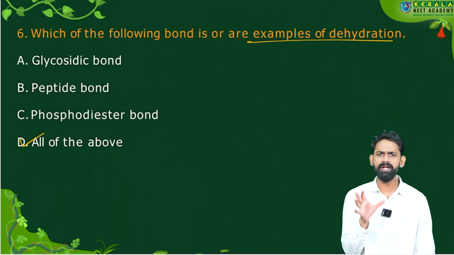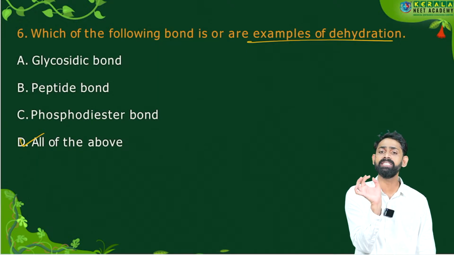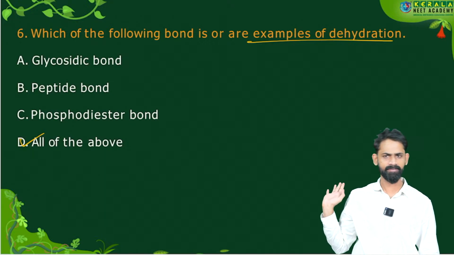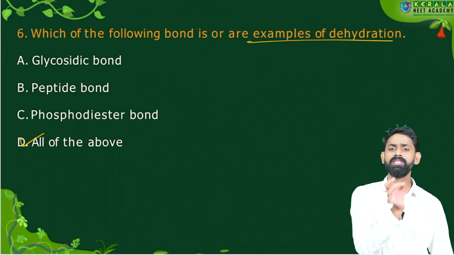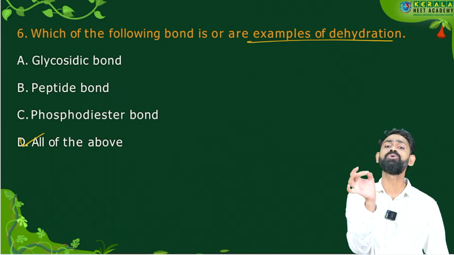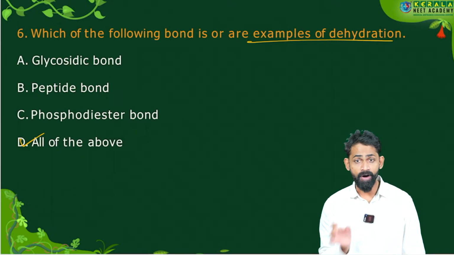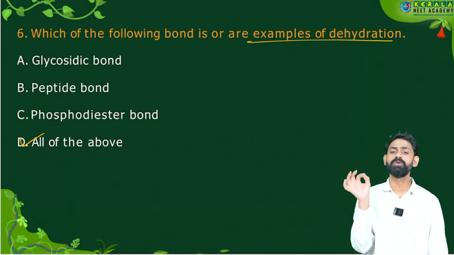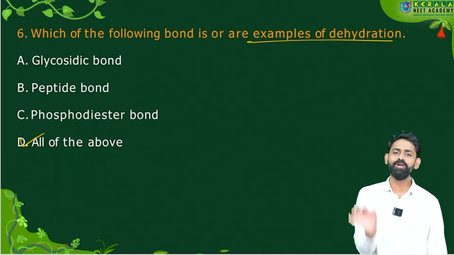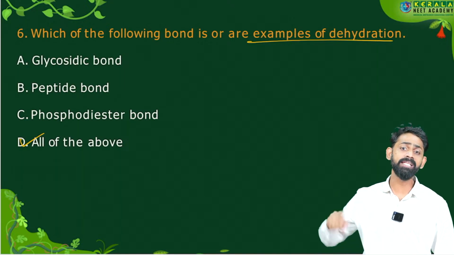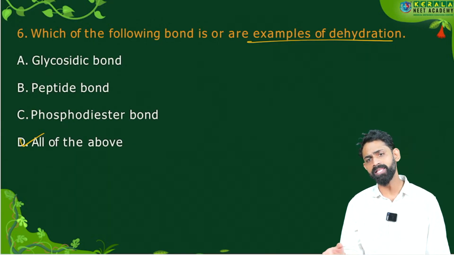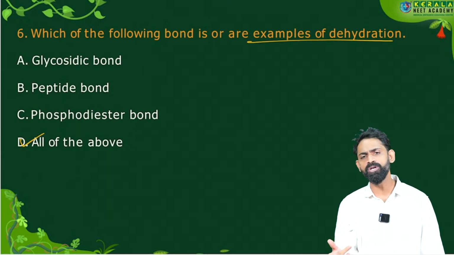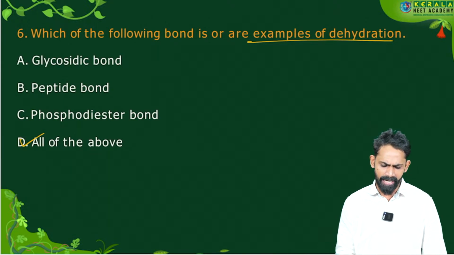So, in general, glycosidic bond is a bond which connects the sugars together, either in disaccharides or polysaccharides. Next one is the peptide bond, the bond which links the amino acids together in the protein. Phosphodiester bond links the nucleotides together in a nucleic acid or polynucleotide chain. So the glycosidic bond links sugars, peptide bond links amino acids, phosphodiester bond links nucleotides. All are important.